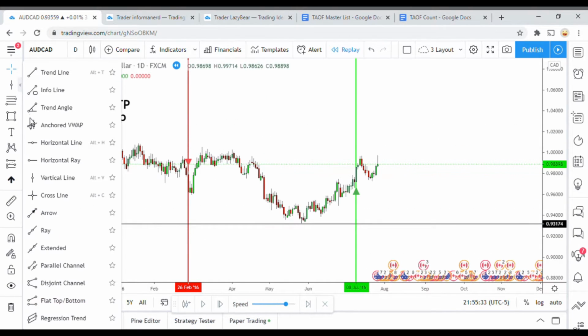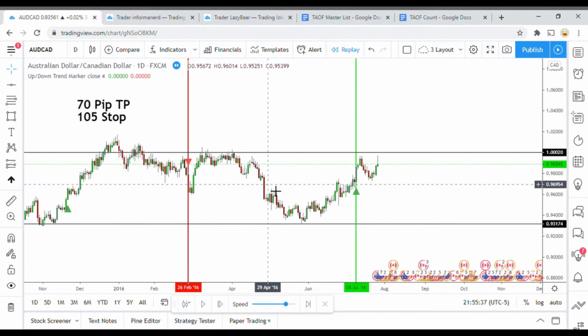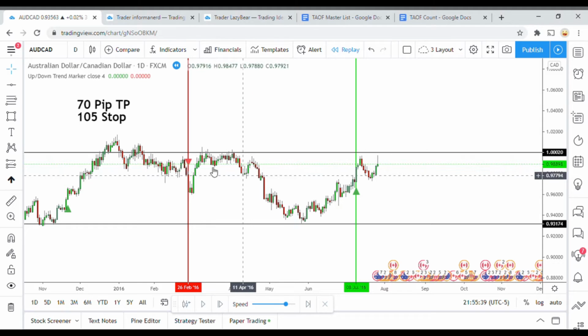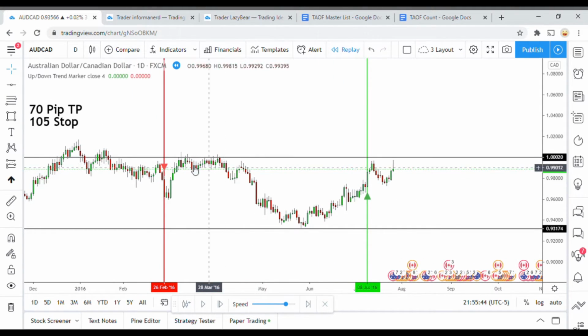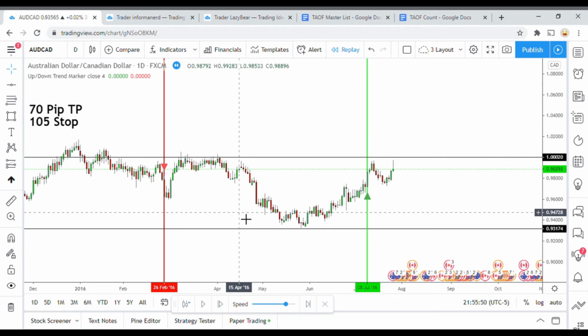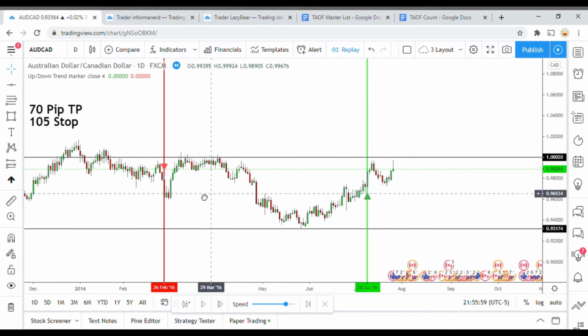Moving along here, things to keep an eye out for are the areas of most recent support and resistance. Basically what you're looking for is price action that has made multiple touches at that level. Here is an example where it came up and made multiple touches right there, and it was very recent.